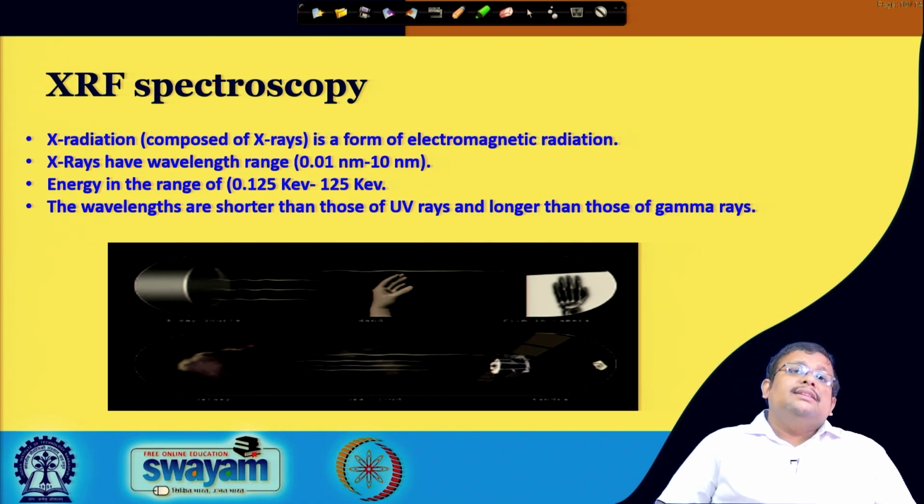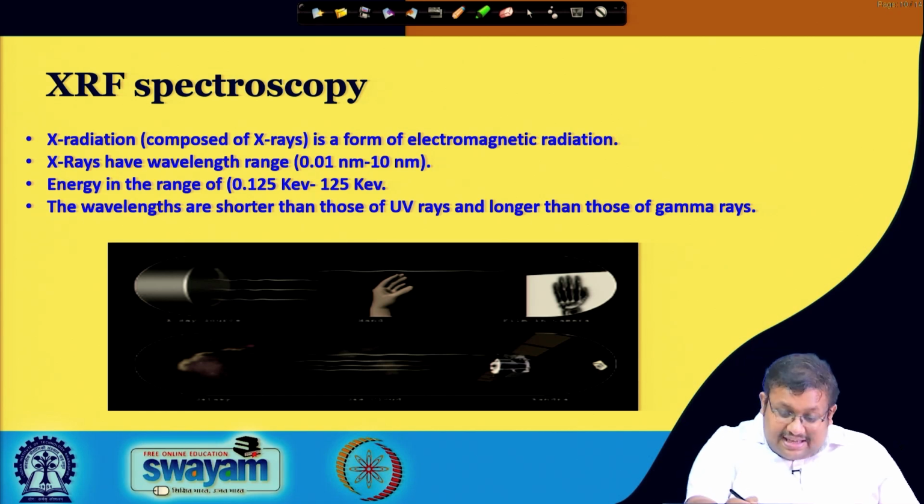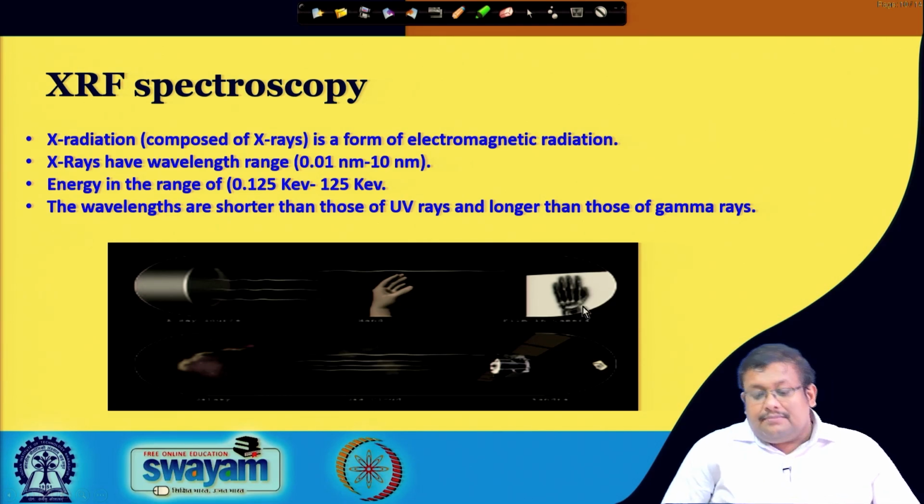X radiation, composed of X-rays, is a form of electromagnetic radiation, and X-rays were accidentally discovered by the scientist Röntgen. You can see here the first X-ray image, of his wife's wedding ring.